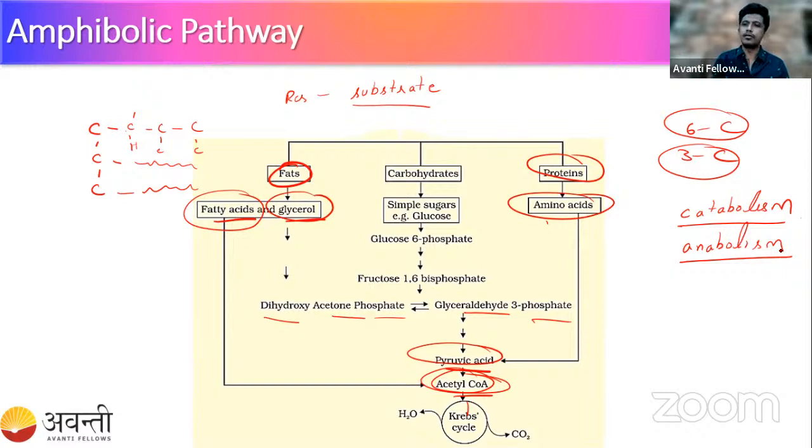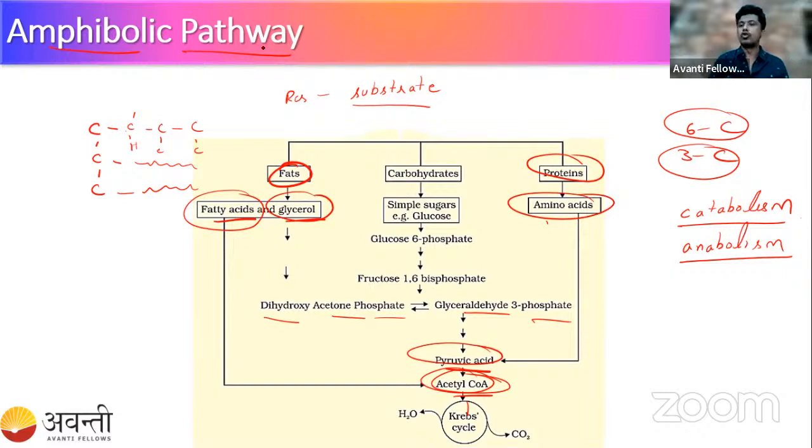So if a question is asked, is respiration a catabolic, an anabolic, or an amphibolic pathway, or none of the above? Your option should be that respiration is purely an amphibolic pathway. What is an amphibolic pathway? Amphibolism represents the combination of both catabolism and anabolism.